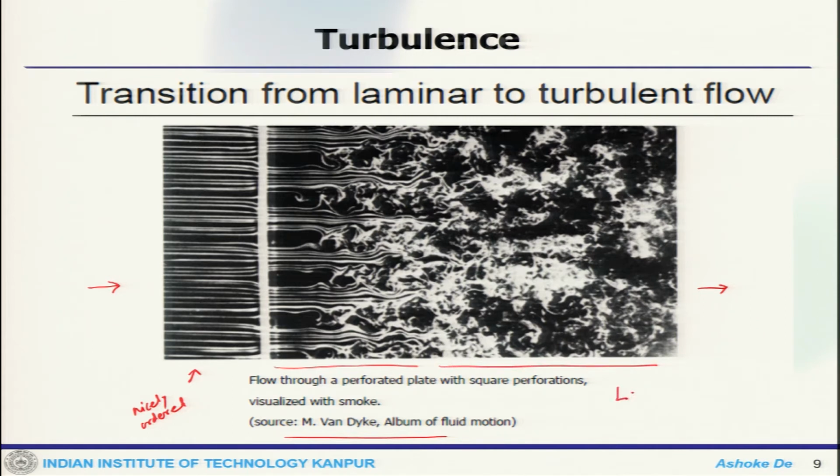The flow initially is laminar, then it becomes transitional. That means in transition it will behave with both the laminar characteristics and turbulent characteristics, and then finally it becomes turbulent.